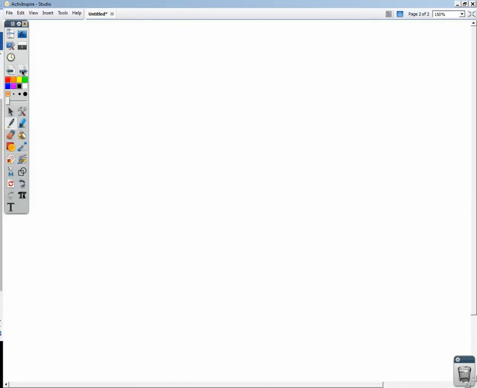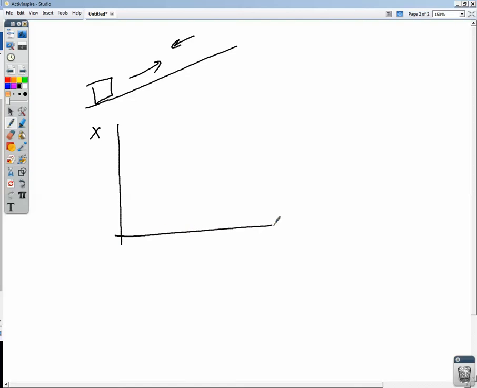Now recall the lab where we watched a cart moving on an inclined ramp. We watched a cart go up, come to a stop, and then go back down. The position versus time graph of that motion, if we just look at the cart going down the ramp, looks like that. We saw that it was modeled perfectly with a parabola.